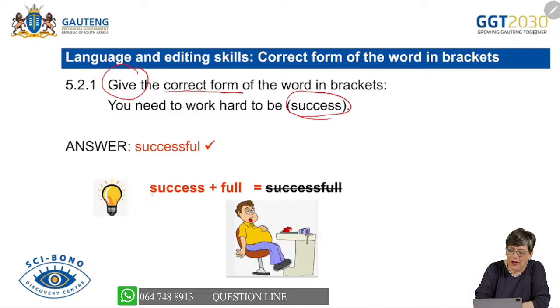When you combine success and full, the 1L has to disappear. Now, the best way for me to remember is that the moment I take the word full and I add another word to it, then I'm very, very full as this person is.